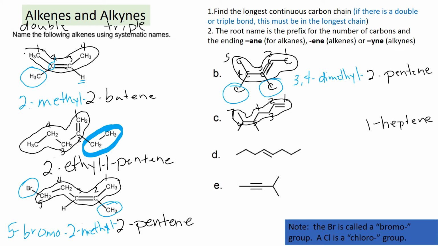The branches, we have this branch and this branch. So again, we have 2 1-carbon branches, so they're methyl. So this one we have 5,6-dimethyl-1-heptene.